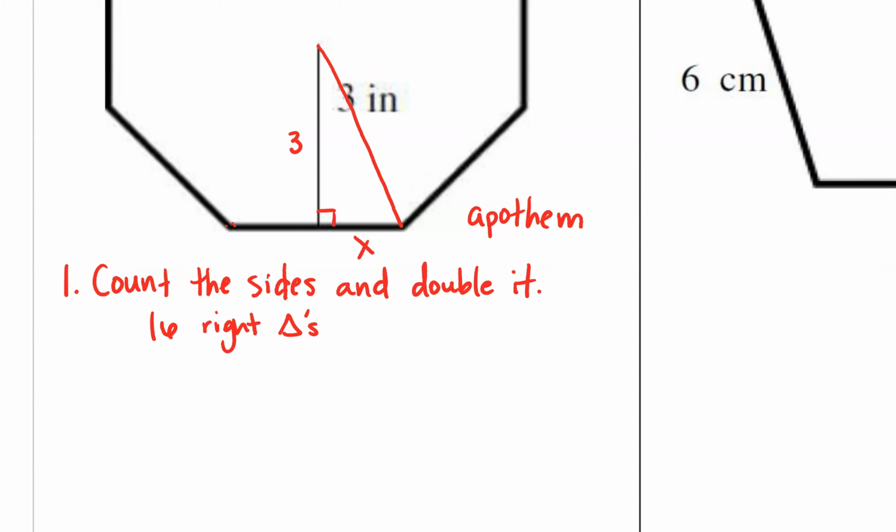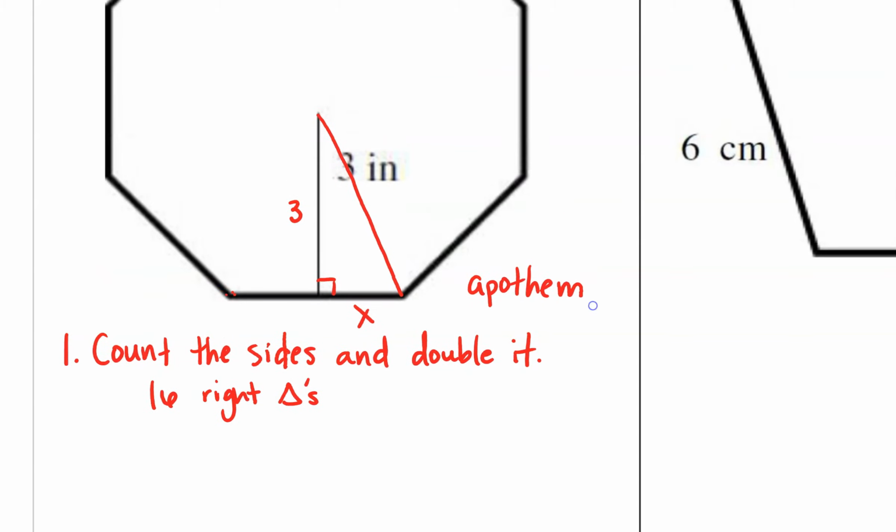So what are we going to do here? Well, there is one thing we know, and that is the degree measure all the way around this shape would be 360 degrees. So if I knew the degree measure of just this part, then I can find a missing side. So let's take 360 degrees divided by this number that we found.